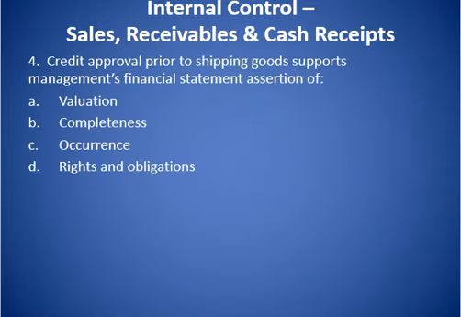Number 4, credit approval prior to shipping goods supports management's financial statement assertion of. And again, go ahead, stop the video, select the correct answer. When you're ready, restart your video.